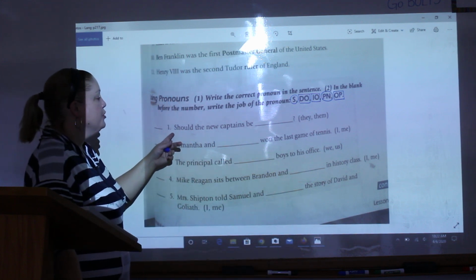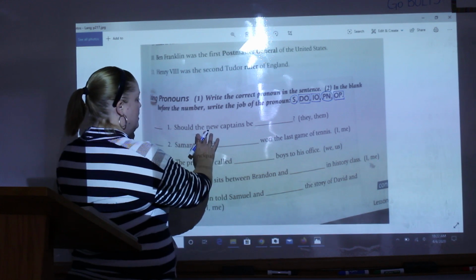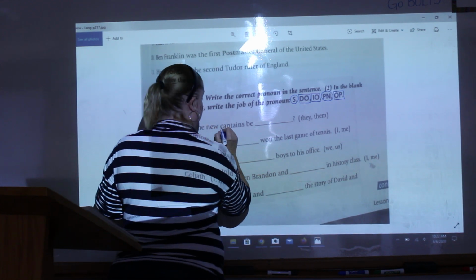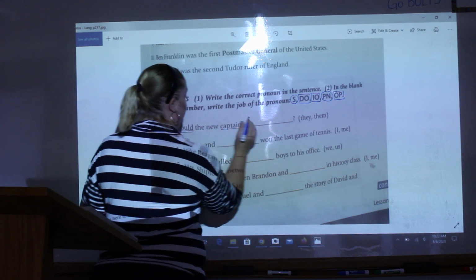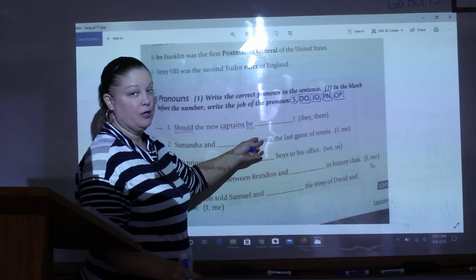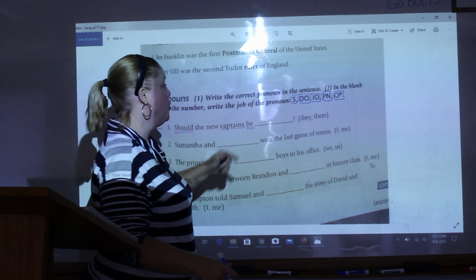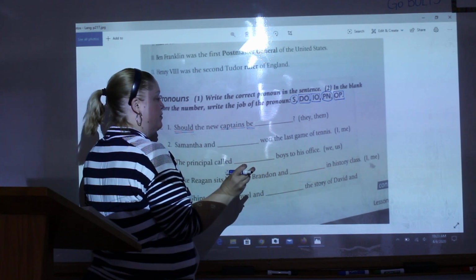All right, should the new captains be, so we've got captains as our subject, should be, what type of verb? Linking verb. So we're looking for a predicate nominative.